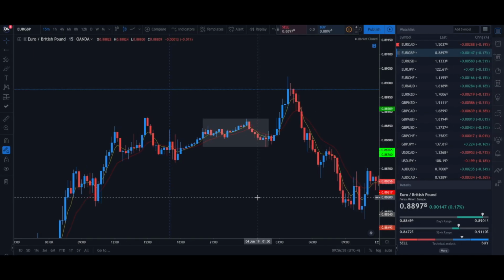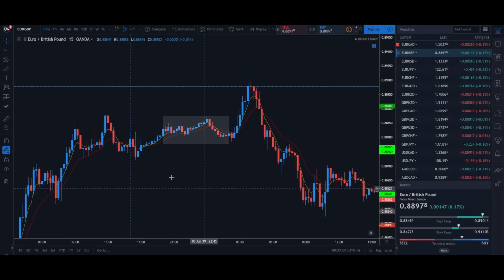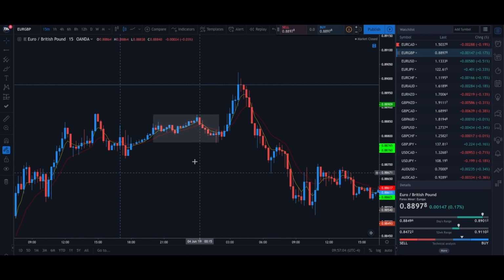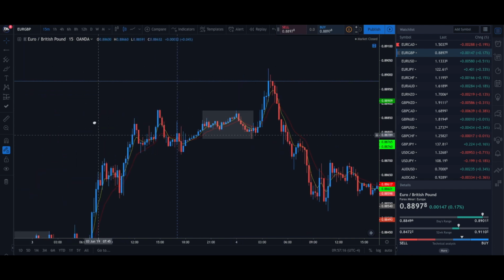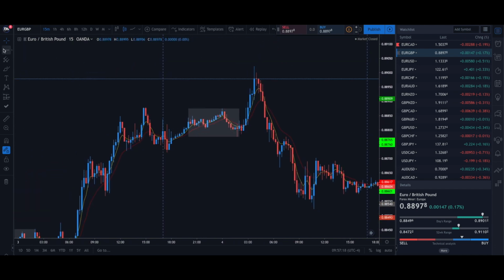So here, in this example, this is still Euro Pound. You can see right here we have the Asian range. They moved up, and here's your stop hunt, guys. If you look at how this chart is right now, they kill off the previous day's high.